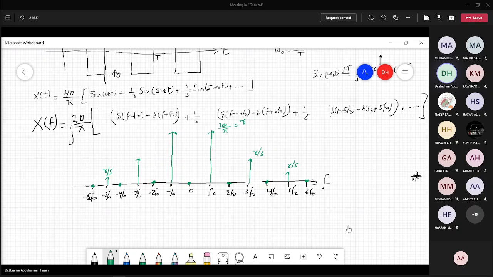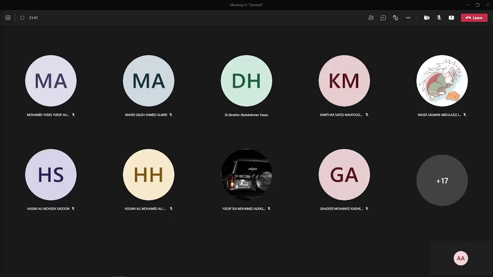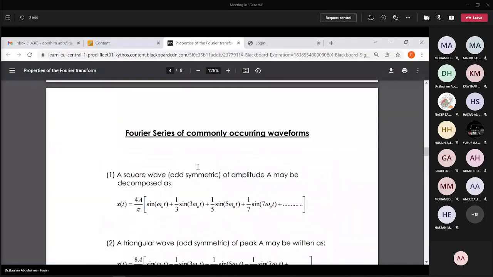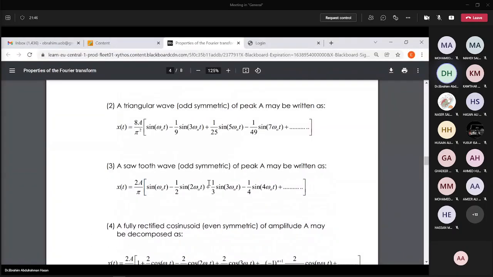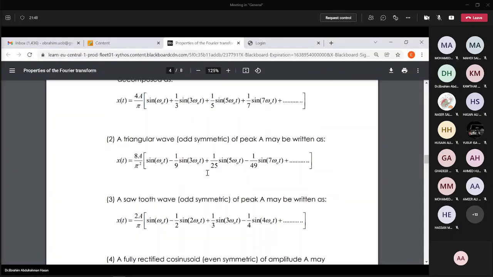What about triangle, sawtooth? Look at the table here. Okay, for triangle, again we have sine, sine, sine, sine, so then it will be similar.